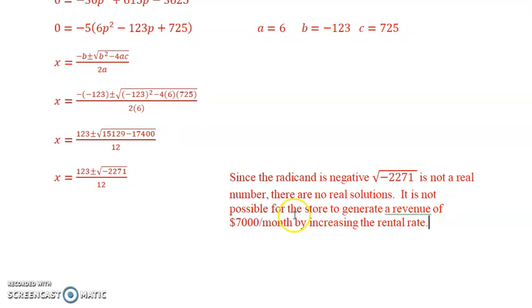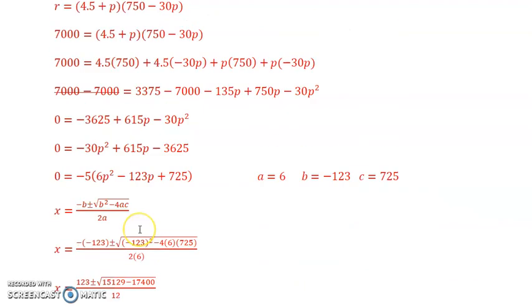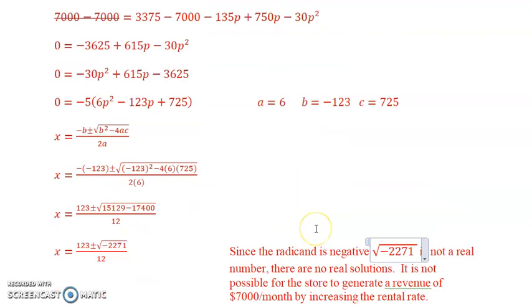Okay? So that's not possible. So if you end up with the square root there, that's what's occurring. Okay? But like I said, we're going to explore that more in pre-cal 11.